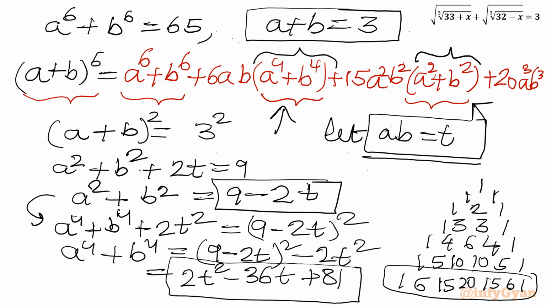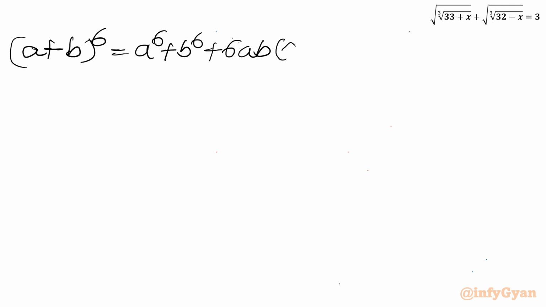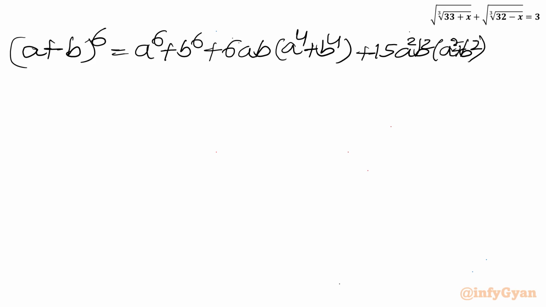Let us put the values. Let me write here expansion once. A plus b whole power 6 equal to a power 6 plus b power 6 plus 6ab in bracket a power 4 plus b power 4 plus 15 a square b square in bracket a square plus b square, and then last term was 20 a cube b cube. Let us apply all the values. So a plus b was 3.